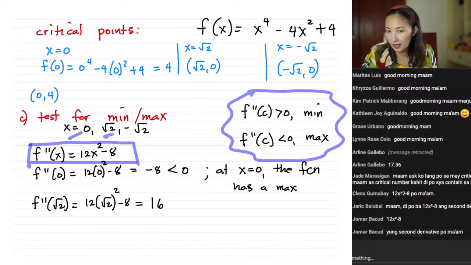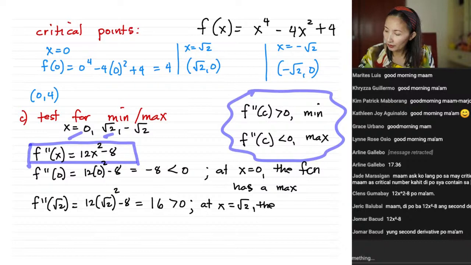And what can you say about 16? It's greater than 0. Therefore, at x equal to square root of 2, the function has a min. Minimum.